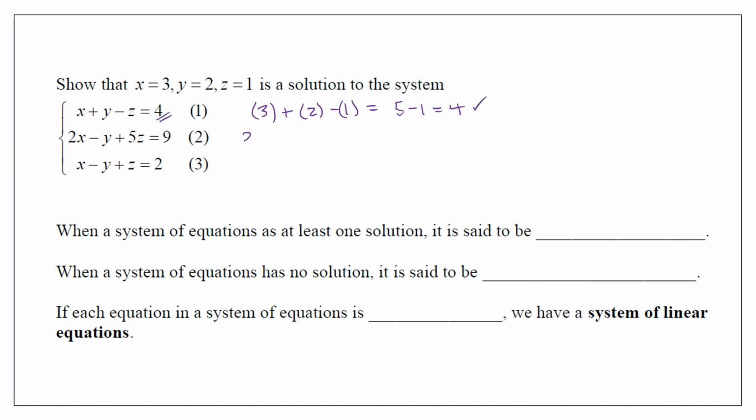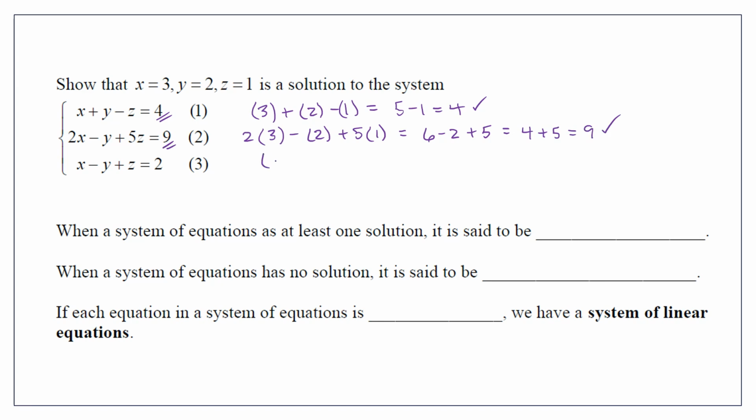Then we will substitute in these values in the next equation. So plus 5 times 1, so that will be 6 minus 2 plus 5, which will get us 4 plus 5, which gets us 9, and that is the same.